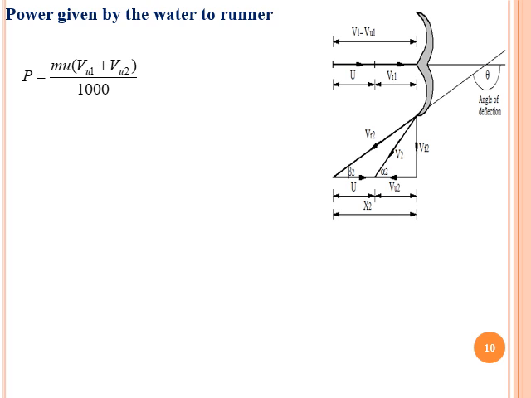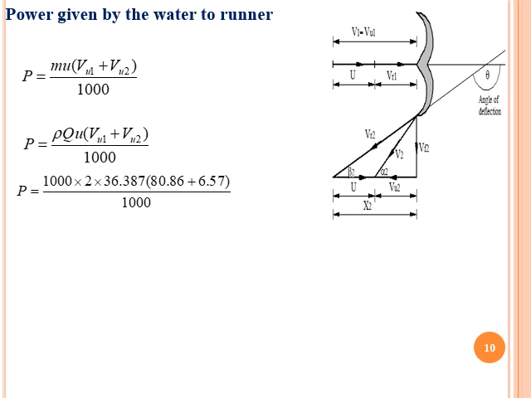That means the mass flow rate is equals to density into volume flow rate of fluid, that is discharge in meter cube per second. So now m is equals to density into discharge.